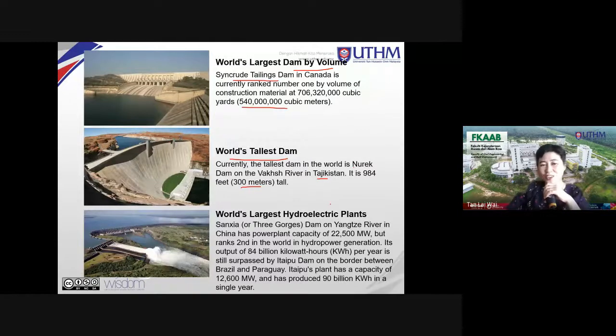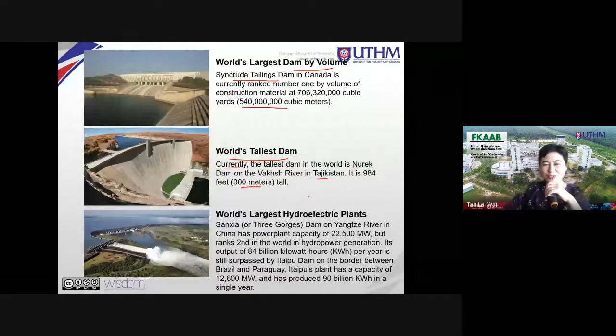This is the tallest, it says currently, because you always have people who want to build the tallest building in the world, the tallest structures. In the coming years, there will be people building higher buildings and structures.